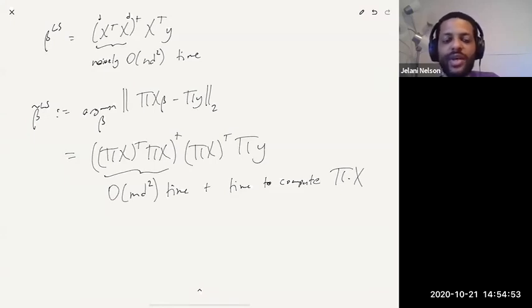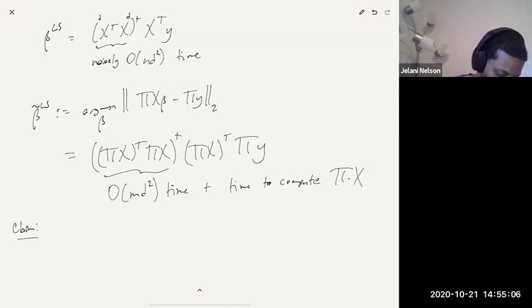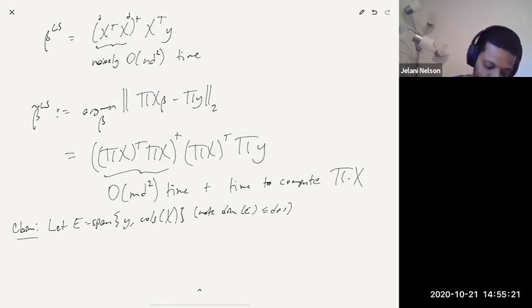Okay. So then the question is, why should beta tilde ls be any good? Yes, we can compute it, but why is it good? Claim: let E be equal to the span of Y as well as the columns of X. Note now the dimension of E is at most d plus 1.